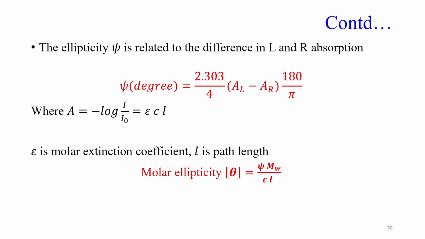circular polarized light: theta = 2.303 / 4 (A left minus A right) times 180 / pi.